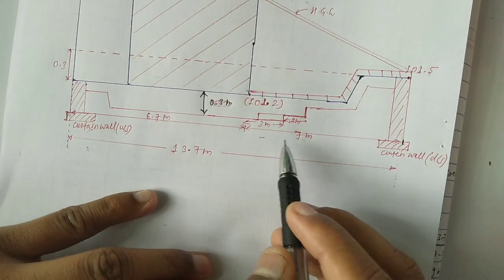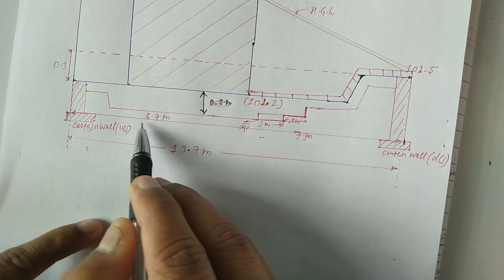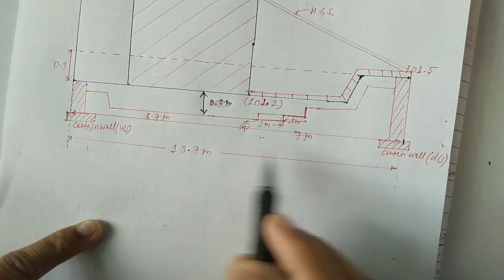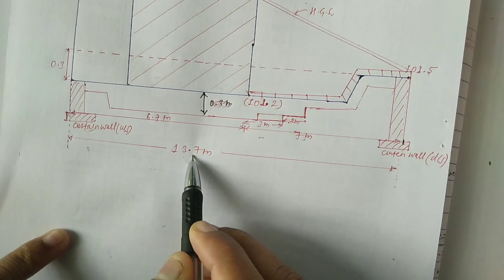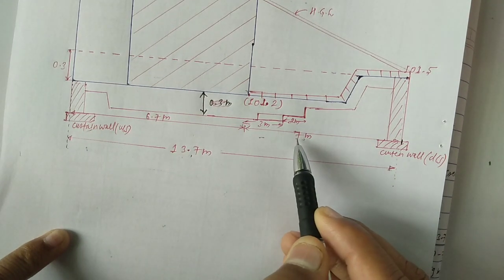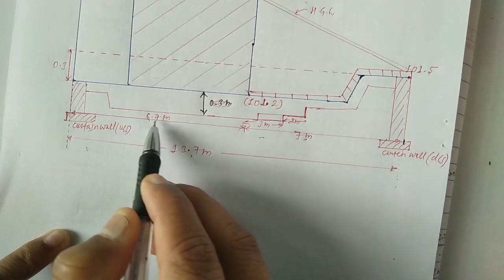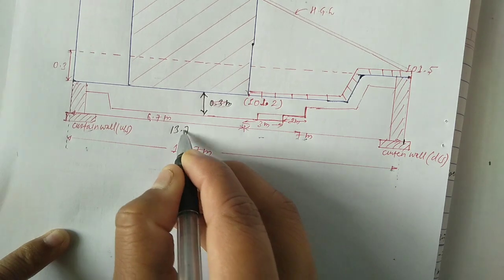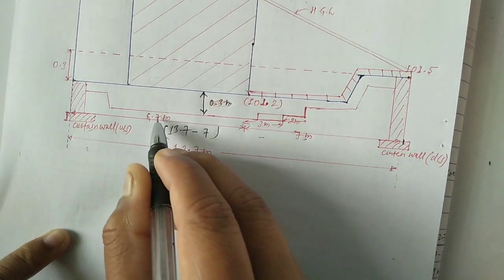After knowing the downstream length of 7 meter, we can simply calculate the length of upstream. We have calculated the total length as 13.7, but in downstream it is 7 meter. So the upstream is the total value 13.7 minus the downstream 7, and we get 6.7 meter.